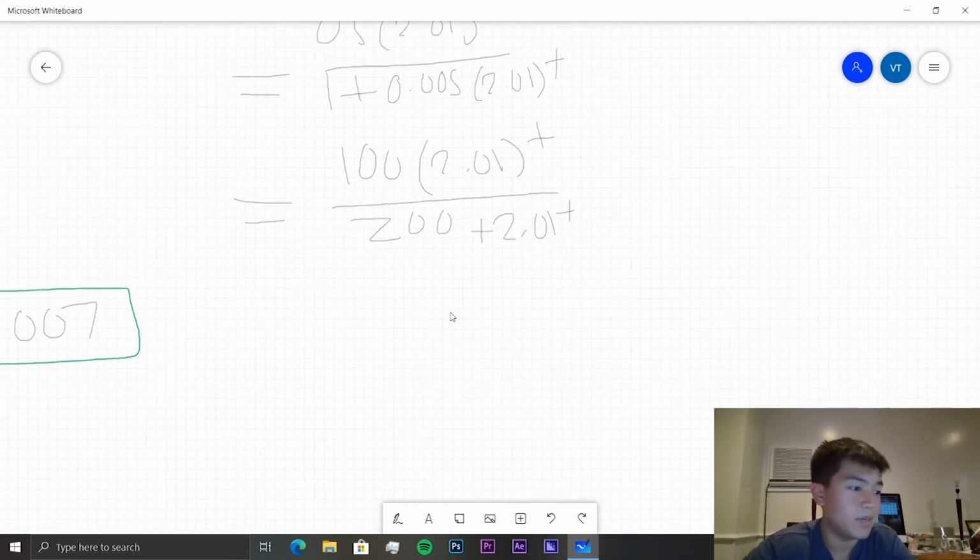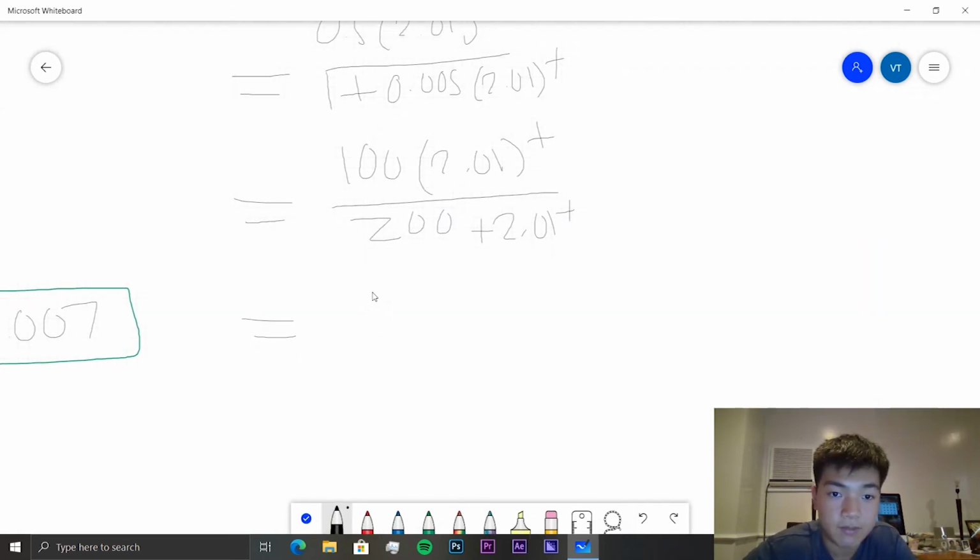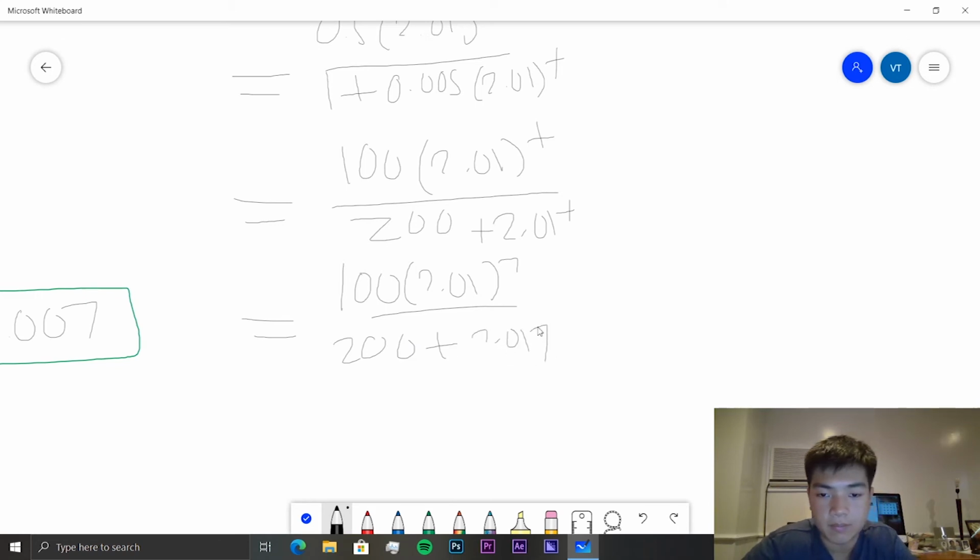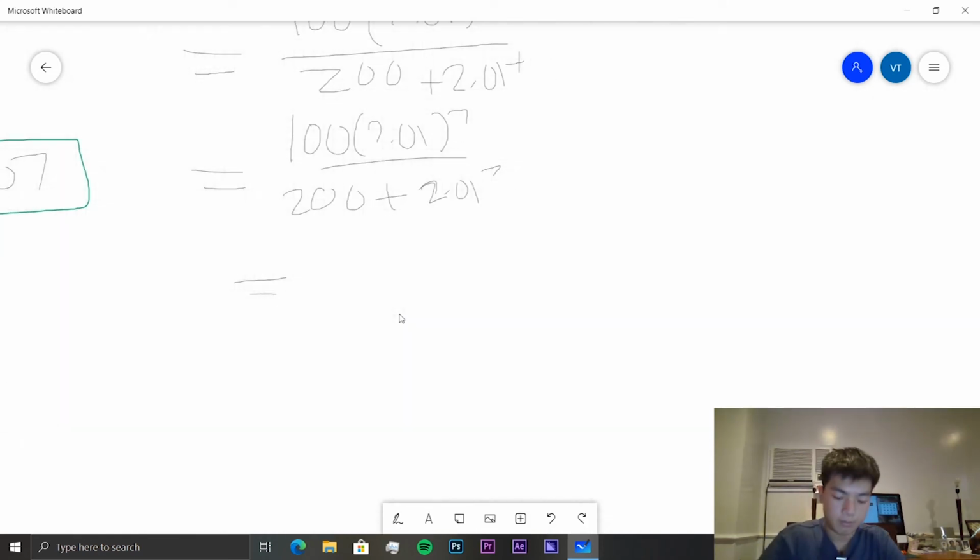So to get how many infected after 1 week, let's substitute 7 in. So we get 100 times 2.01 to the 7 over 200 plus 2.01 to the 7.